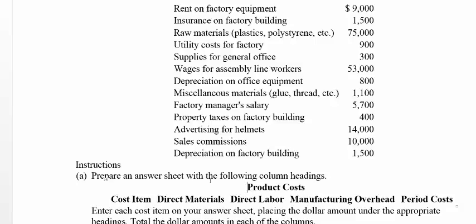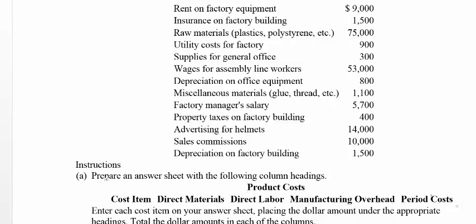And then what we're going to be doing is plotting them out into their respective area. Is it a product cost? If so, is it DM, DL, or MOH? Which again, DM is direct materials, DL is direct labor, and MOH is short for manufacturing overhead. Or is it a period cost?